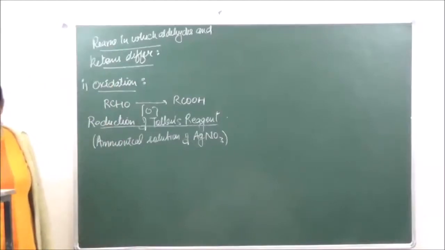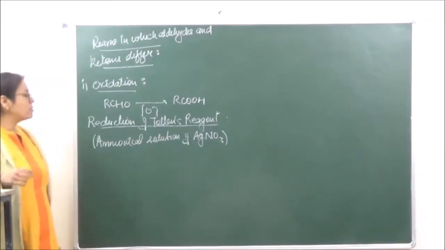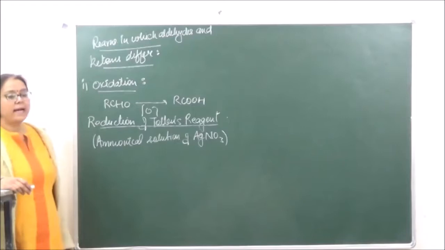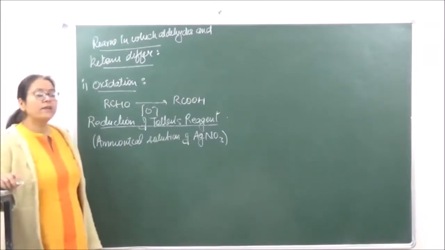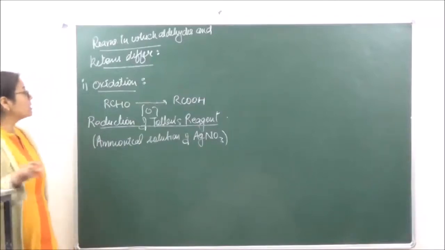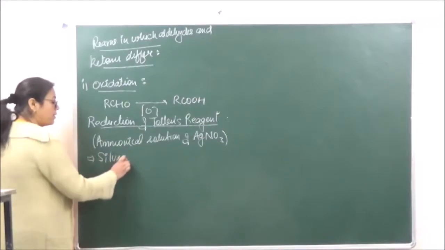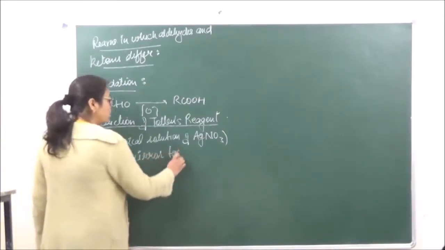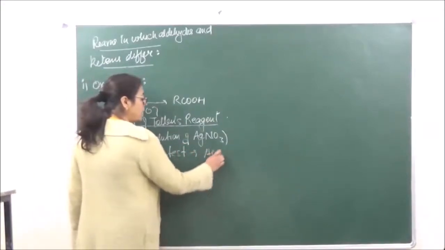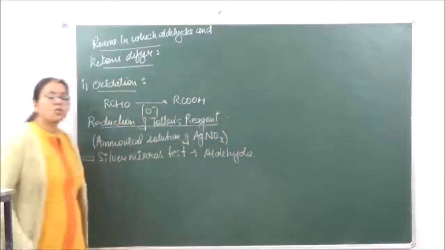Whenever we react Tollens reagent with an aldehyde, we get a silver lining on the inner side of the tube. Therefore, this test is also known as the silver mirror test, which is only given by aldehydes, and ketones do not give this test.